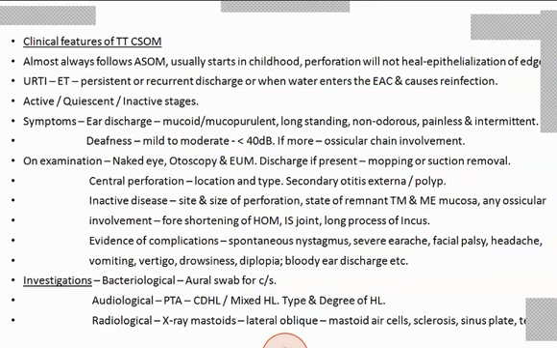In the active stage, the patient comes to us with ear discharge. Quiescent stage means an absence of ear discharge from 6 weeks to 6 months, either with treatment or without treatment. When there is no discharge for 6 weeks to 6 months, we call the patient to be in the quiescent stage.